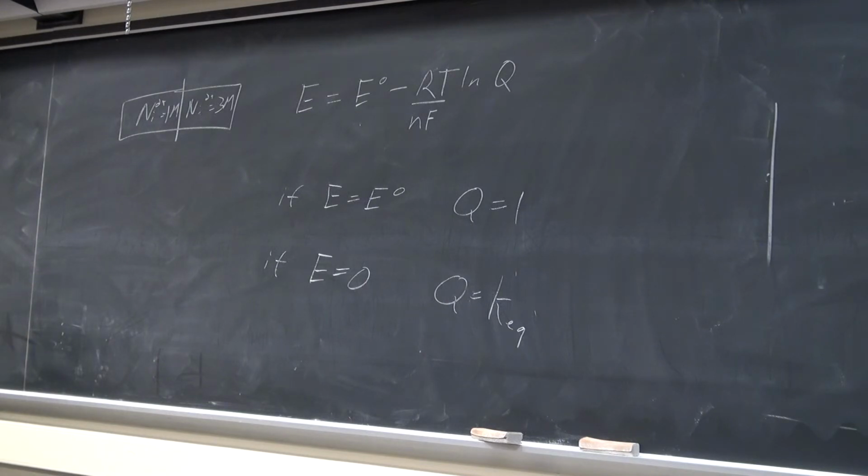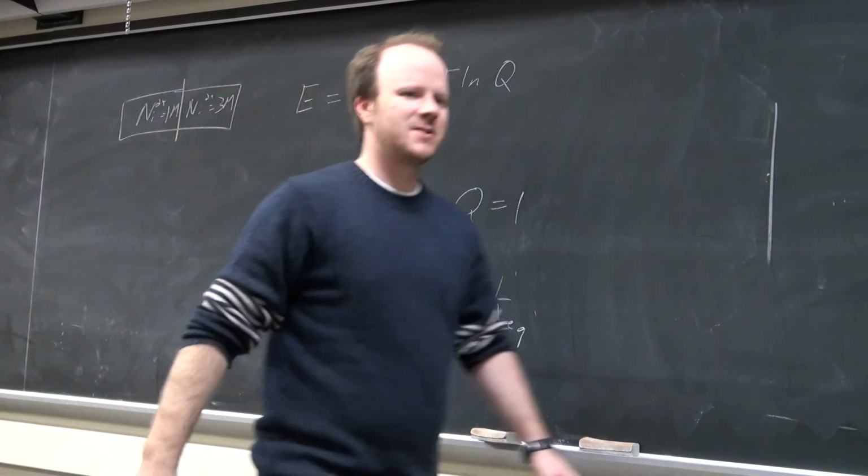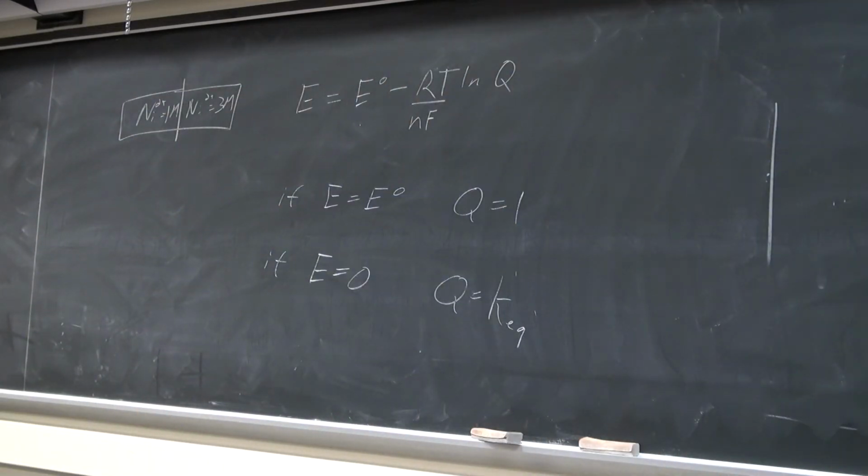So under standard conditions, what are the concentrations in those reduction tables that we see E0 at? We have all these concentrations of stuff, all these reactions, and we're measuring E0s. At 1 molar, right?